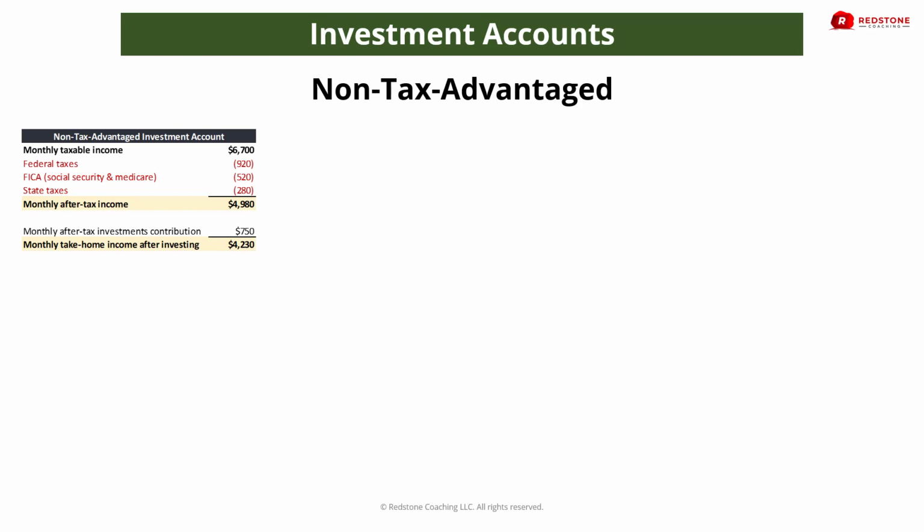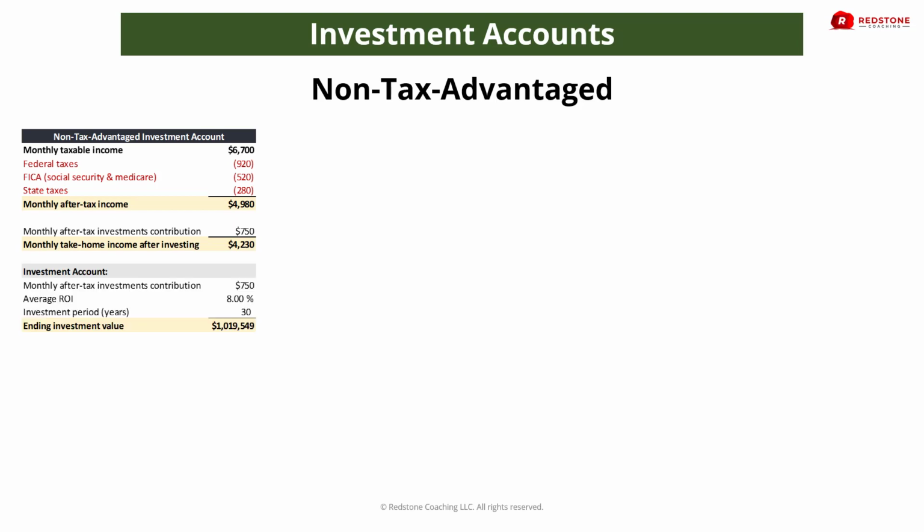Well, if you're investing after-tax dollars, it's going to be after you've paid taxes. So then let's assume that you do a monthly after-tax investment contribution of $750 a month. Well, that means that after you've invested that, you now have $4,230 left for your life.